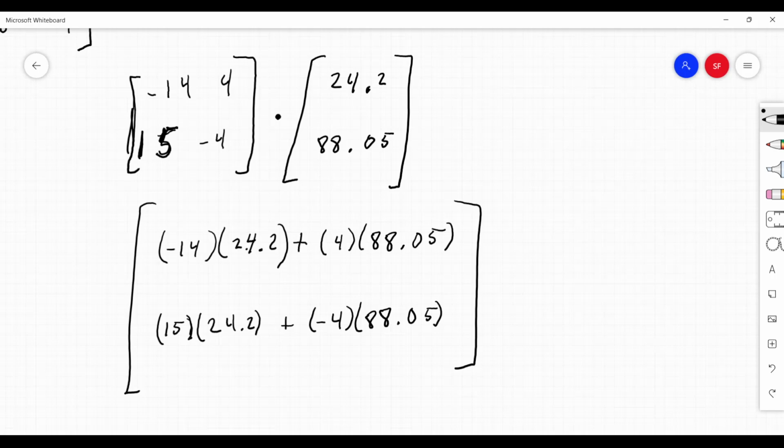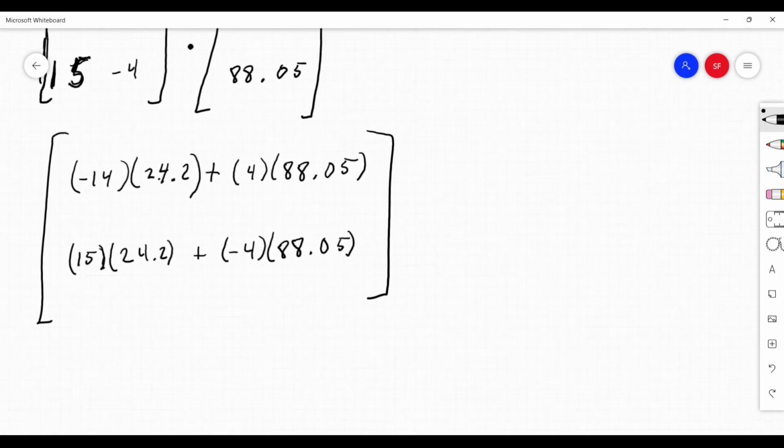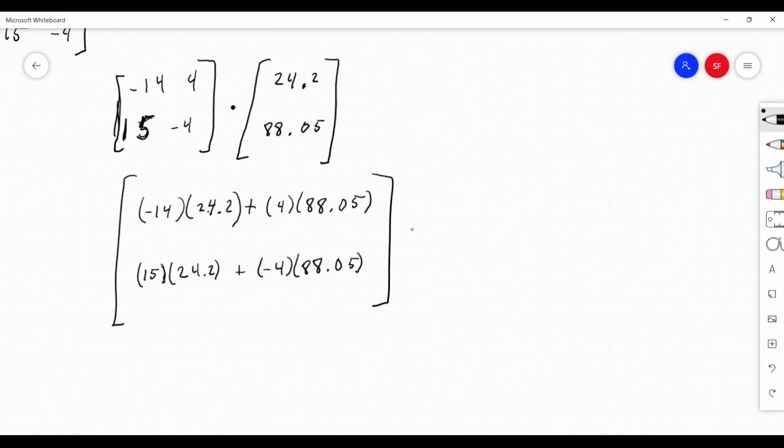Okay, so what do we end up with? Negative 338.8 for the first part.